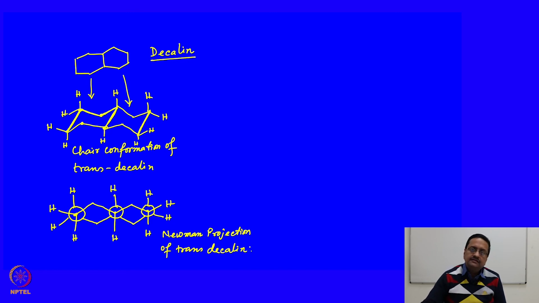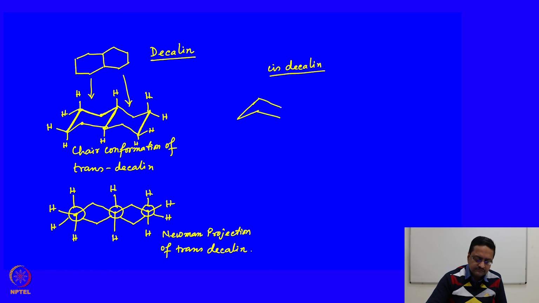So, then what is cis decalin? As usual, we should first draw the first cyclohexane and then the axial and equatorial bonds would join.